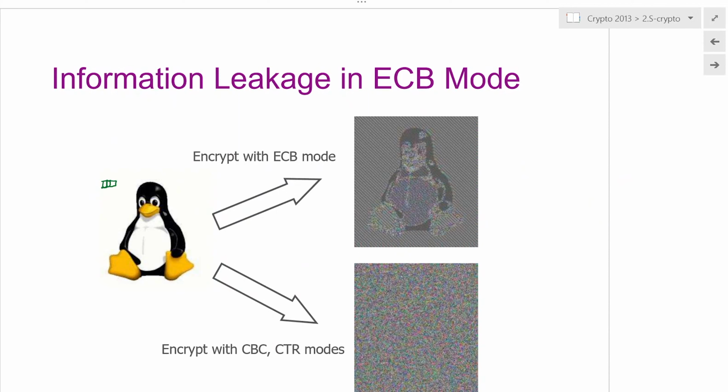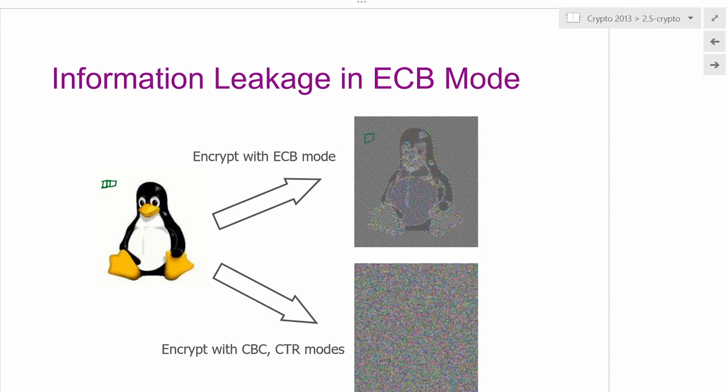Even though we have encrypted this file with AES, which is a strong encryption algorithm, just because the file has a repetitive structure, where the background is always white, it's pretty obvious that there is a background over here, and all of these blocks of messages are encrypted into the same ciphertext. The body of the pink one is black, so again it got encrypted into the same block.